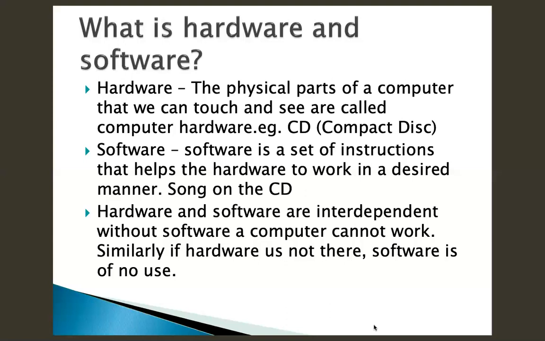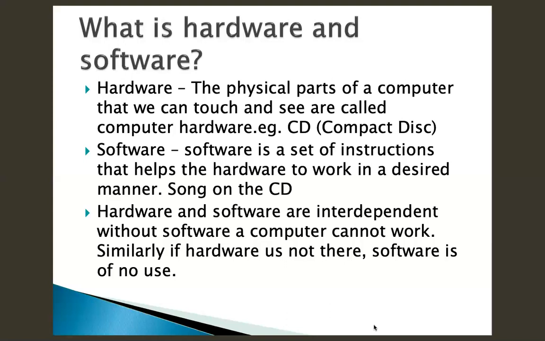So today in this video, we were supposed to learn these three topics. What is a computer? Function of a computer, and what is hardware and software. This is just a small recall for you. A computer, we know, is an electronic machine that works with the help of the data and instruction given by the user.